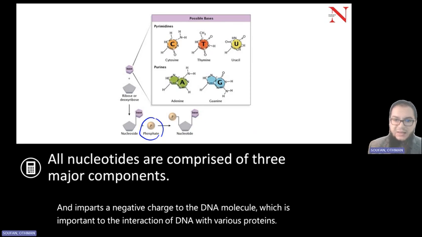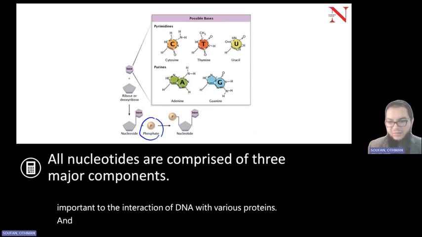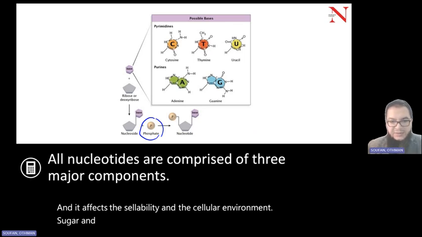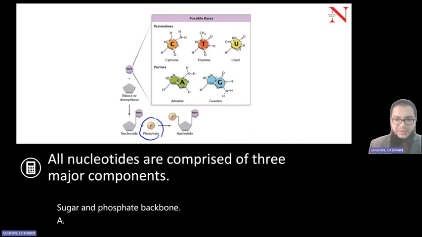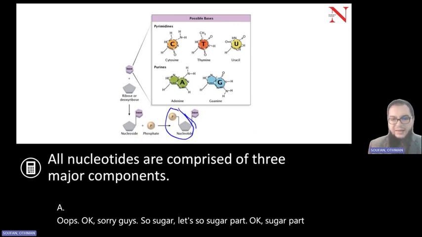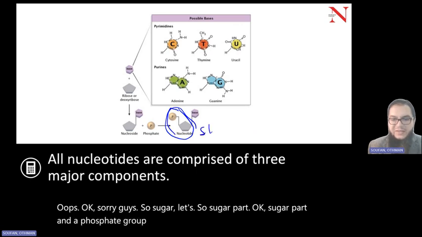And it affects the solubility in the cellular environment. Sugar and phosphate backbone: the sugar part and the phosphate group provide the structure, and they are very stable.